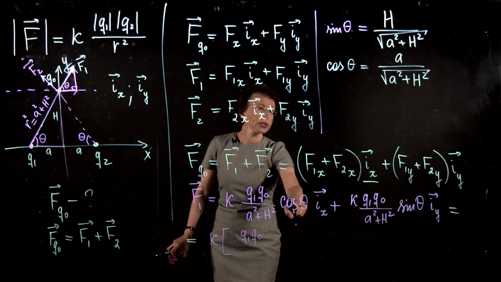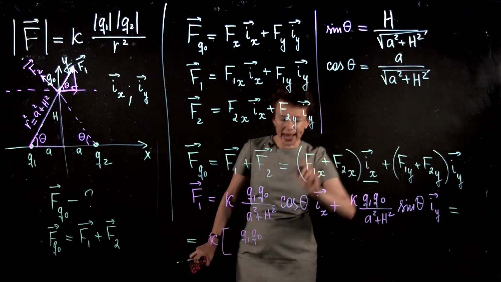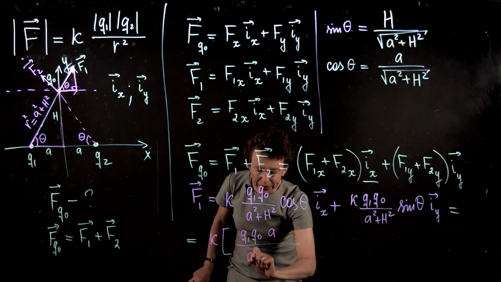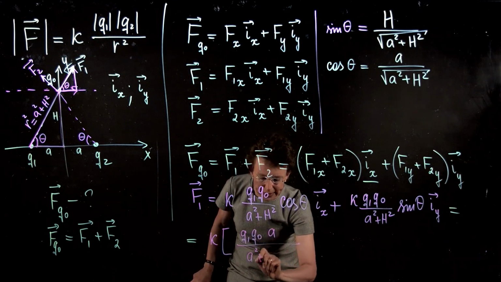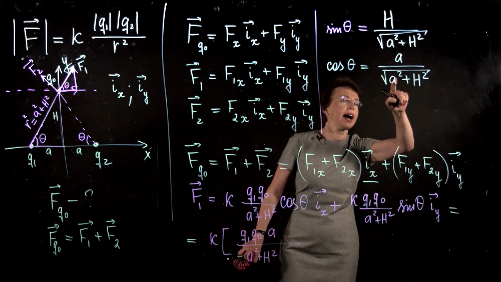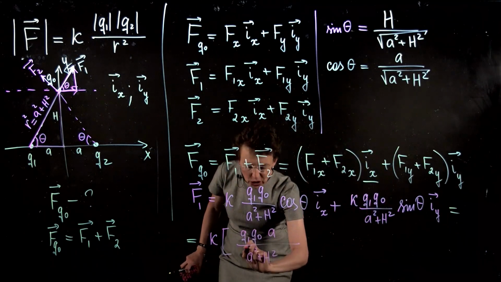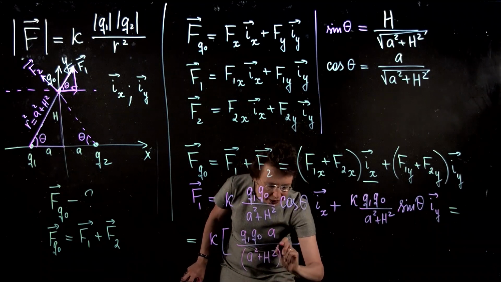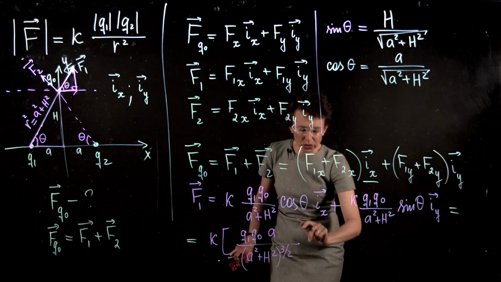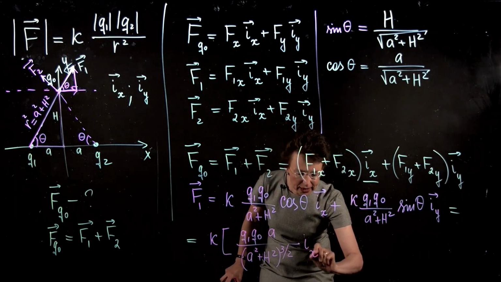Then cosine theta brings me a in the numerator. And then a squared plus h squared, and another a squared plus h squared square root. 1 plus 1/2 brings me to 3/2. So this is ix.